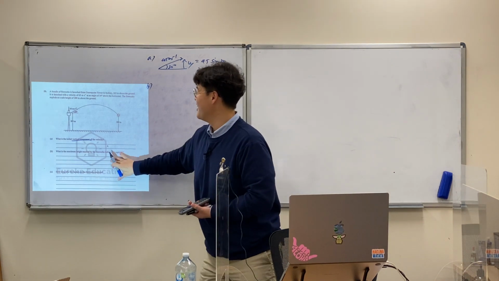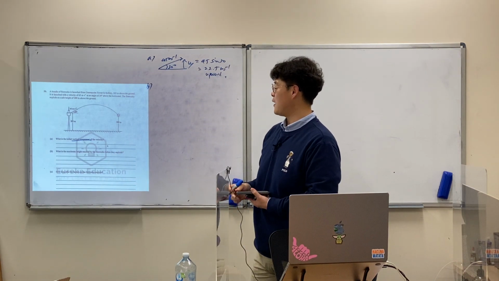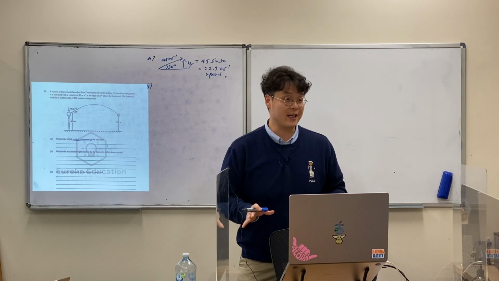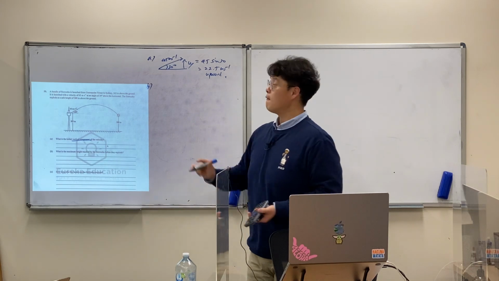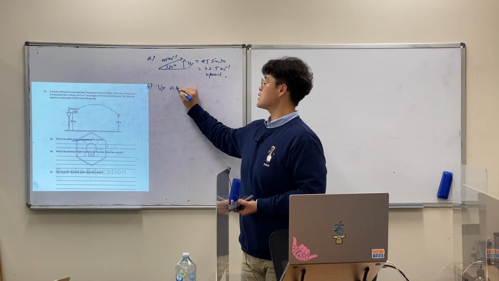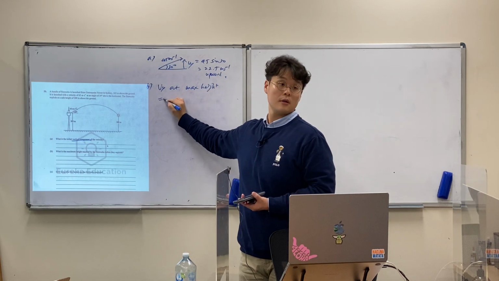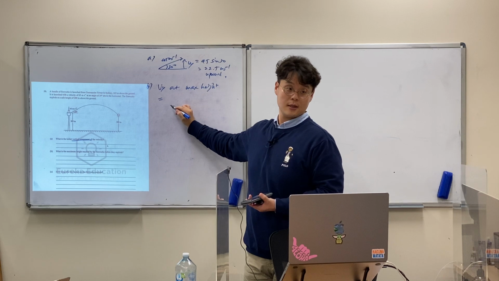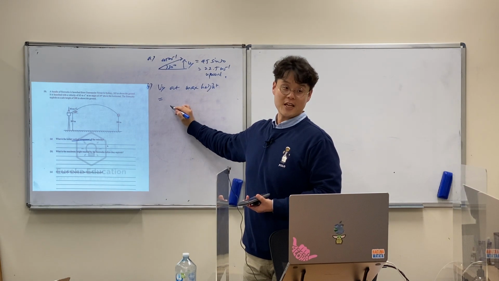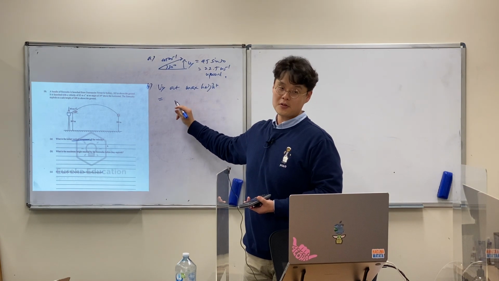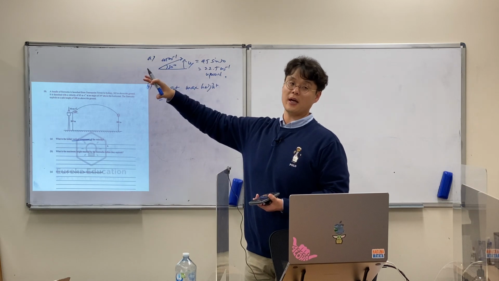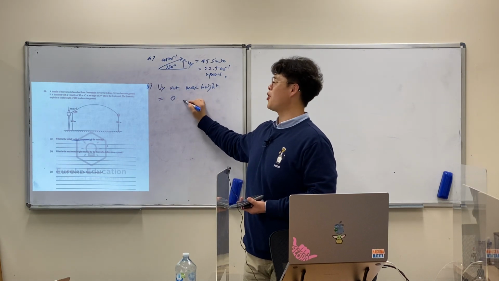B. What is the maximum height reached by the fireworks before they explode? Vy at max height is, the final vertical velocity at the maximum height is 0.